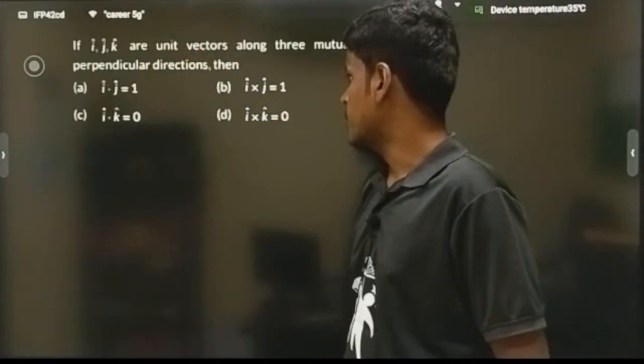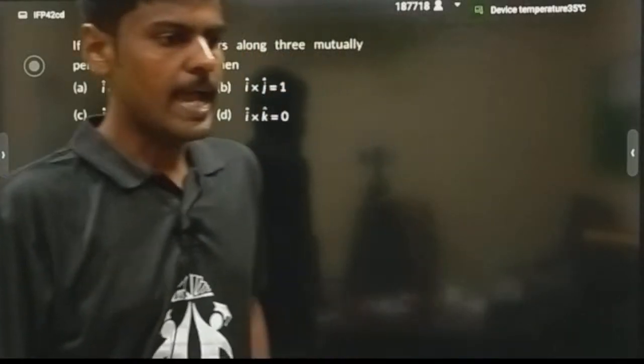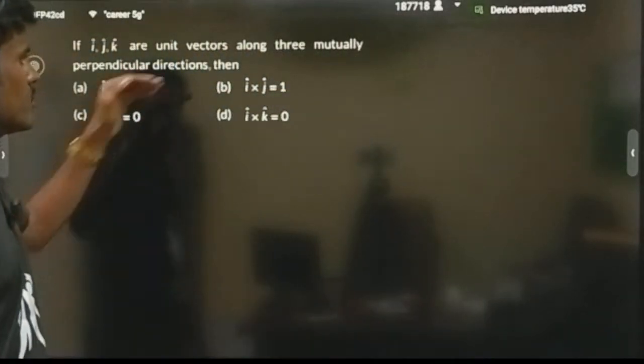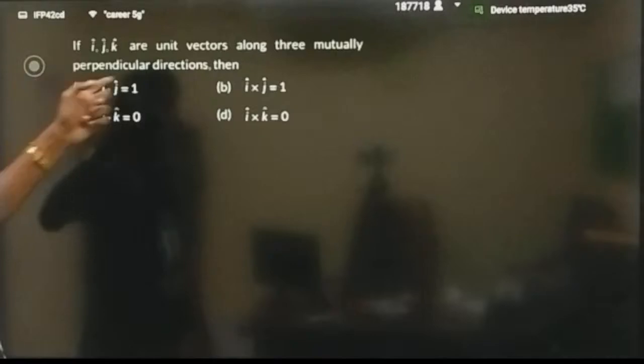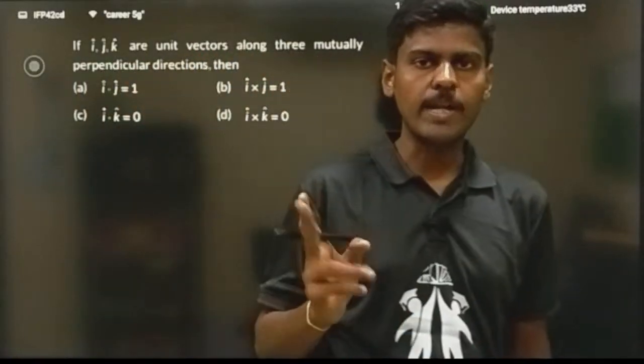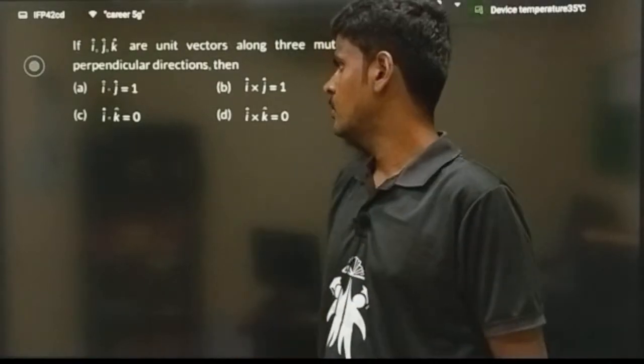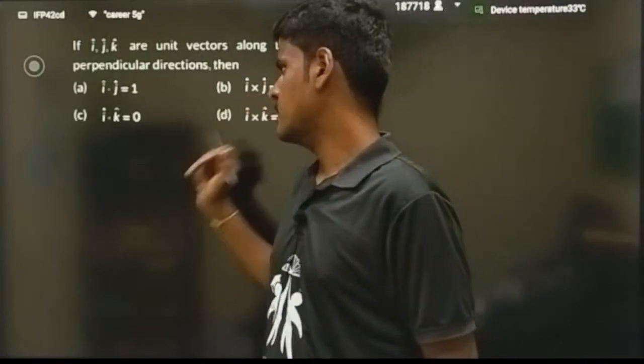I, J, K are unit vectors along 3 mutually perpendicular directions. Then what is the relation? We have already seen when 2 vectors are perpendicular, what is the condition? Dot product is 0. Yes or no? Yes.